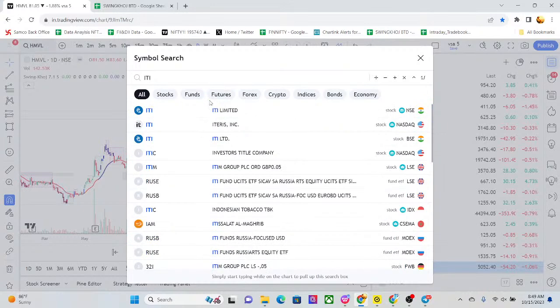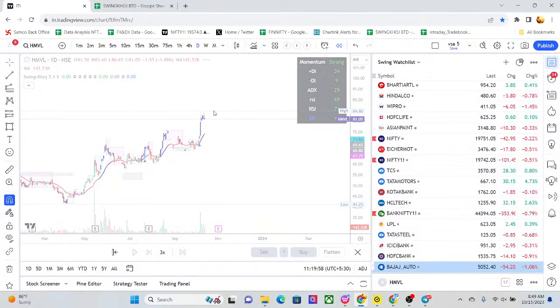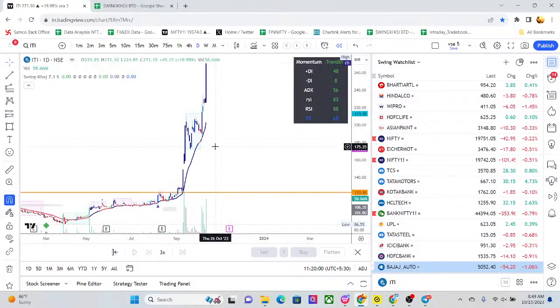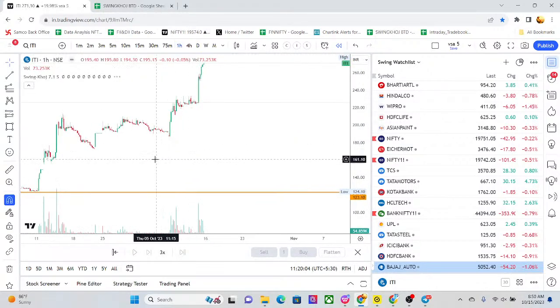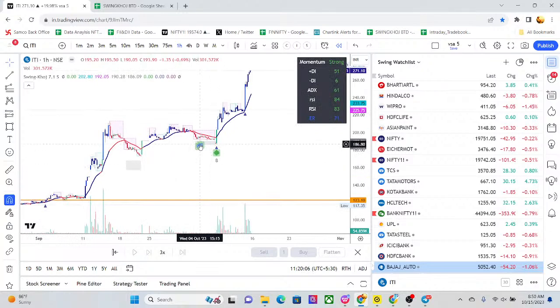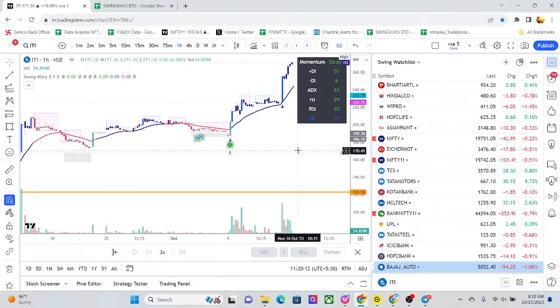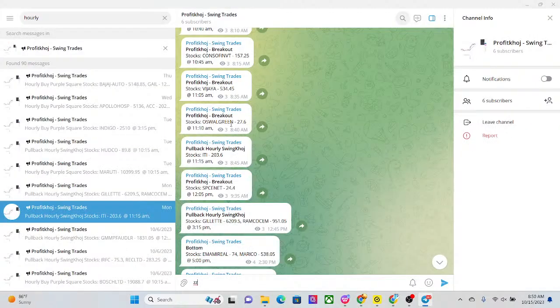ITI, we'll go in hourly. Pullback, you can see it came on 9 October here. Okay, 9th October. What was the time? 11:15.